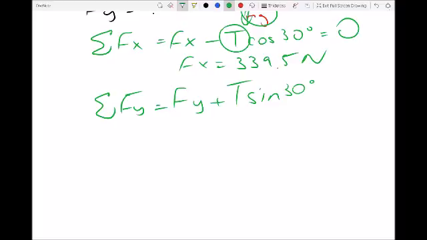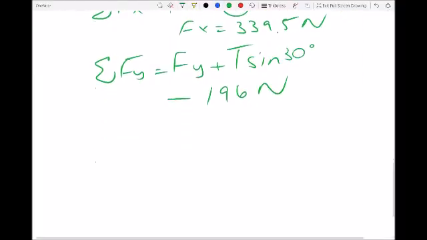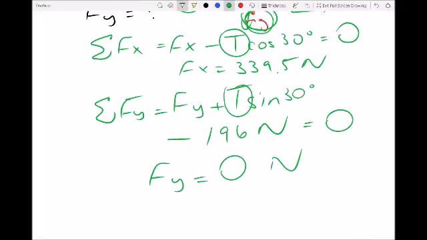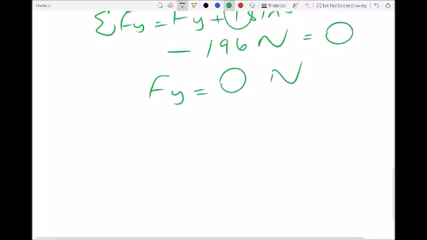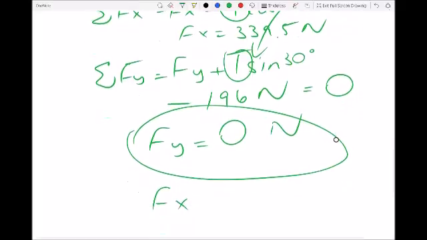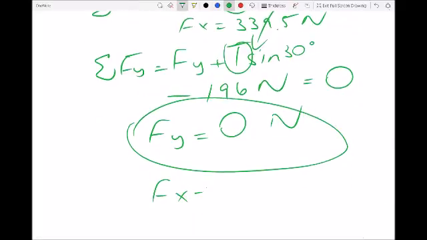We'll have our weight in the negative direction, which mg equals 196 newtons, equals 0, of course. We can solve for F subscript y, and that would give us a value of 0 newtons. So there we go, our answer for that is 0 newtons. For the horizontal force, it is 339.5 newtons. And that's B.